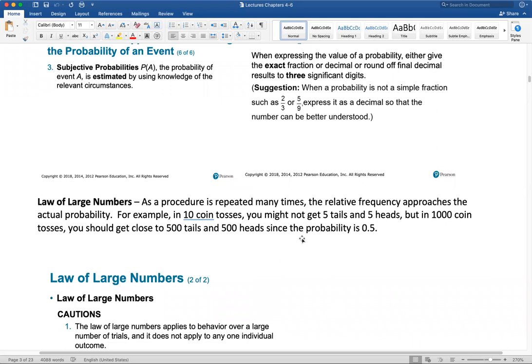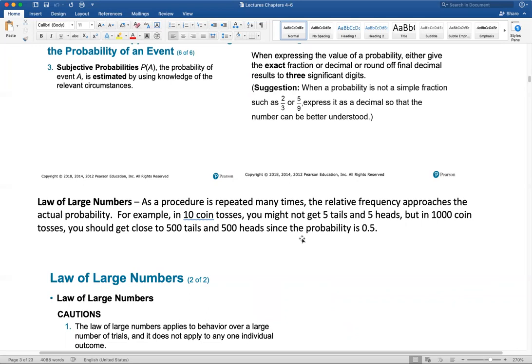But when you use the relative frequency approach, tossing a coin 10 times and calculating the probability of heads, you may not get five tails and five heads.